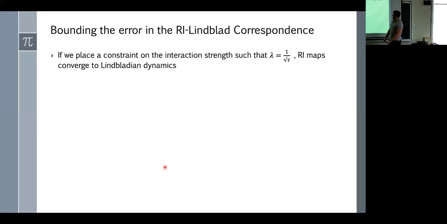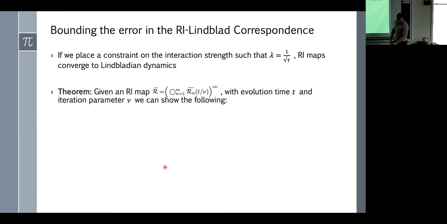There's not much physical intuition for why this works, but if we work in a specific coupling limit, where lambda, the system-bath coupling, goes as 1 over the root of the interaction time, we can show that repeated interactions converge to Lindblad dynamics. The proof is not very illuminating. It's just an exercise in the Taylor series and tracking a lot of terms, so I won't go through it.